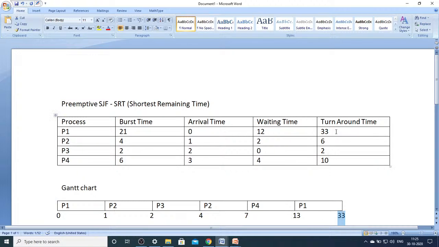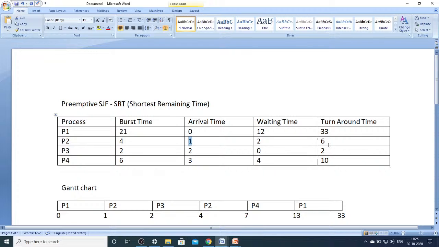Now coming to the turnaround time, as mentioned, whatever you see from the Gantt chart, they are the finish times. So when you are writing the turnaround time, make sure that you subtract the arrival time from the finish time. So here coming to P1, its arrival time is anyway 0, so its exit time, that is 33, is becoming its turnaround time. Coming to P2, P2 has exited at 7th second, but it arrived only after first second.